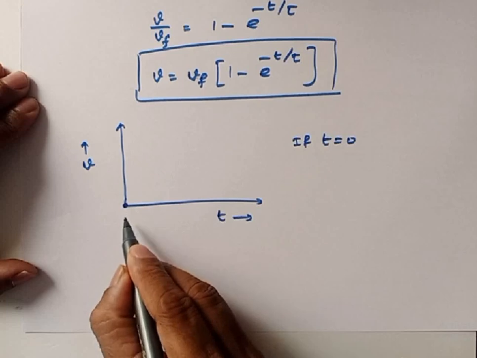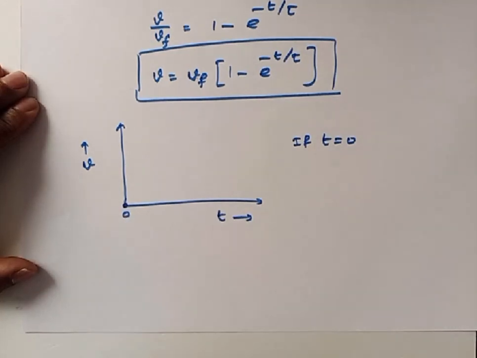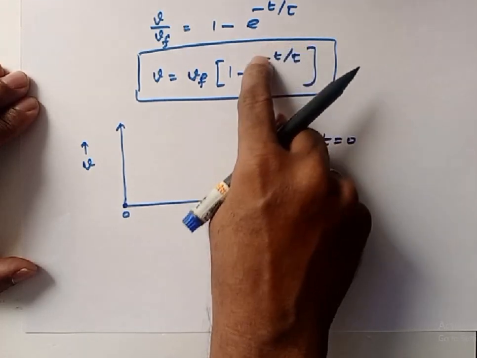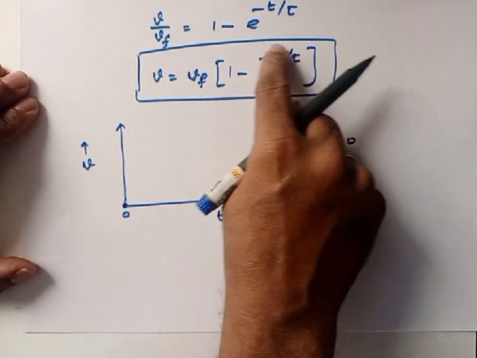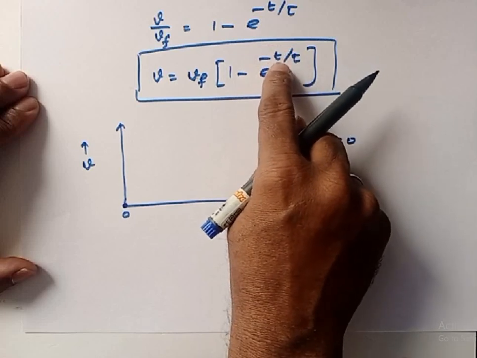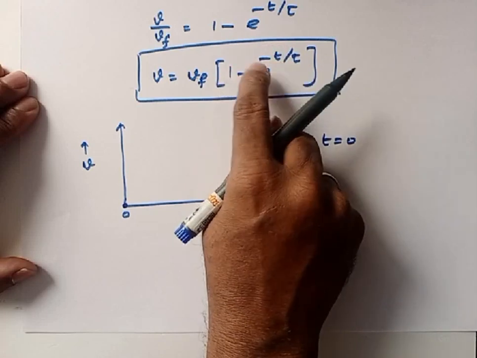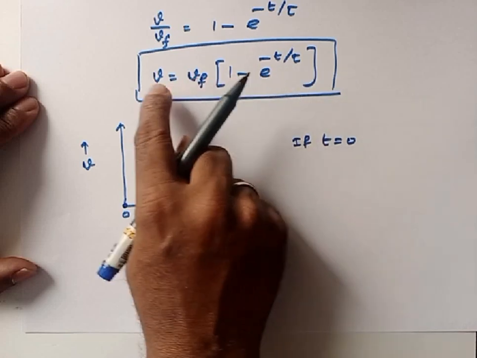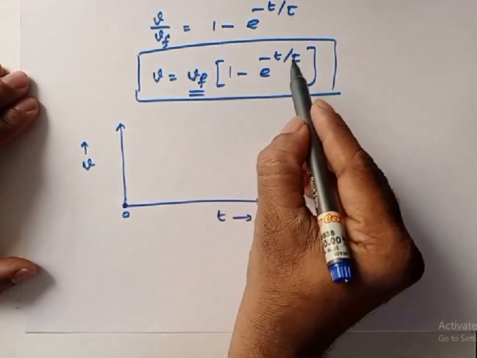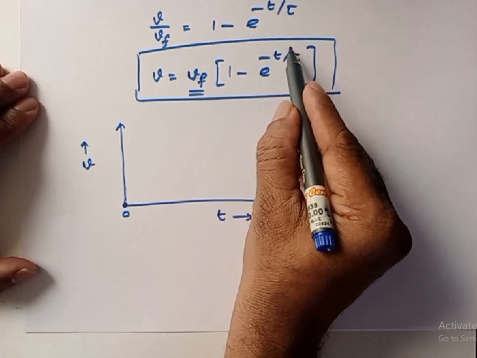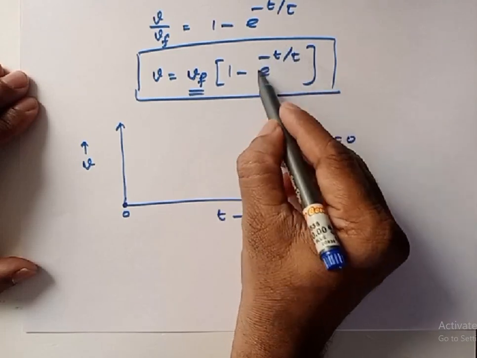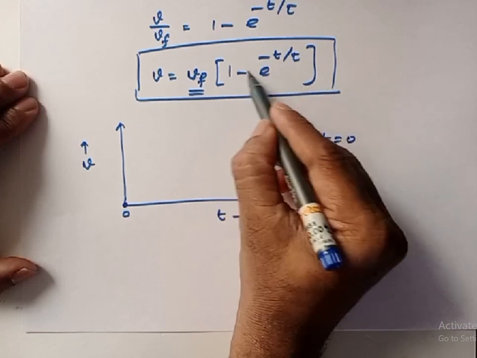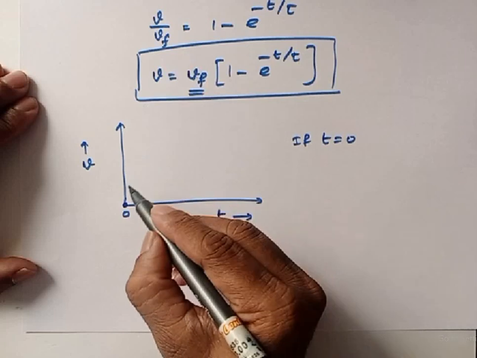So velocity of the electron is 0 when time is 0. As the time increases, e power minus t by tau will decrease, but we are going to subtract this from 1, therefore this will increase. Vf is a constant. So the velocity will increase.